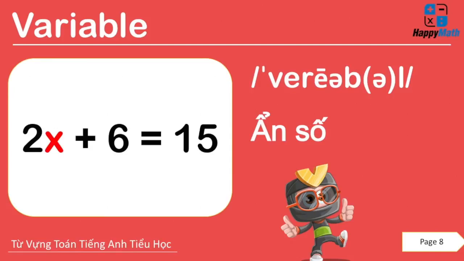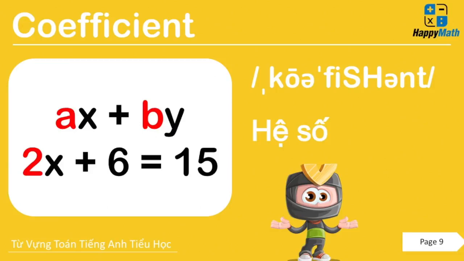Variable, unknown number. Coefficient. The coefficient is the constant number multiplied with the variable. I mean, in this case, you have 2 times x. 2 is a constant number and x is the variable. So 2 is the coefficient of x.